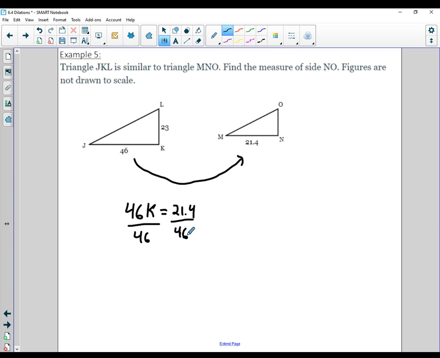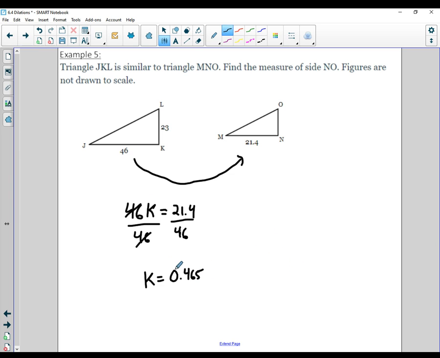Again, if you're okay with hopping straight to it, you do 21.4 divided by 46, that's fine, to get k alone. And then in my calculator, I'm just going to do 21.4 divided by 46, and we get 0.465, where I'll round it.